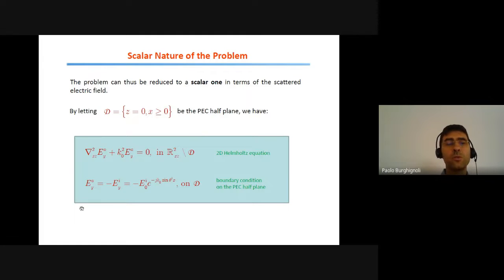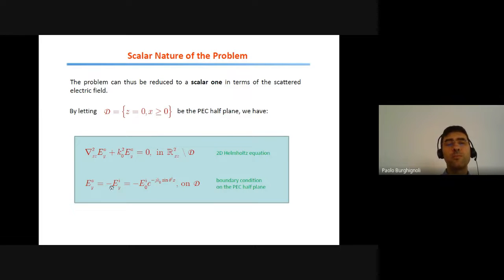The boundary condition is that the total electric field, which is purely tangential with respect to the half plane, must vanish. So this means that, in other terms, the scattered field must be equal and opposite with respect to the incident field.